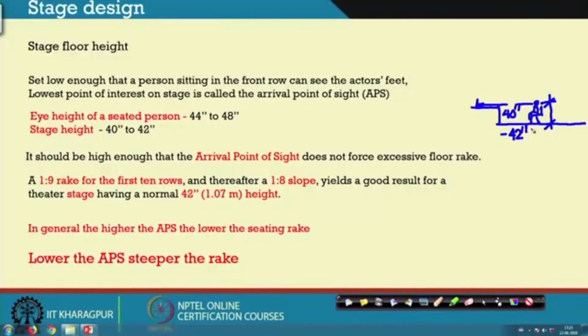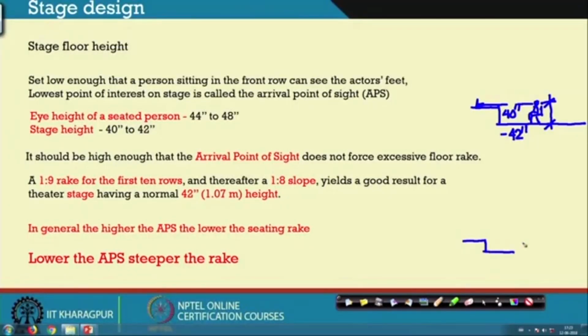So, it should be high enough that the arrival point of sight does not require a high raking or high inclination, so that the last persons here at the end are capable of seeing what is happening here. So, if you start raking, obviously the person here should be capable of seeing the leg here.